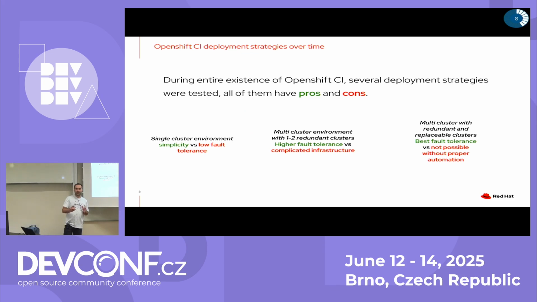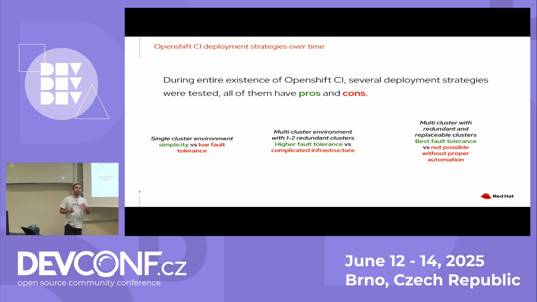So I presented here a journey that started from a single cluster environment. We went then to the multi-cluster environment with some redundant clusters. And right now we are in a multi-cluster environment with replaceable clusters.